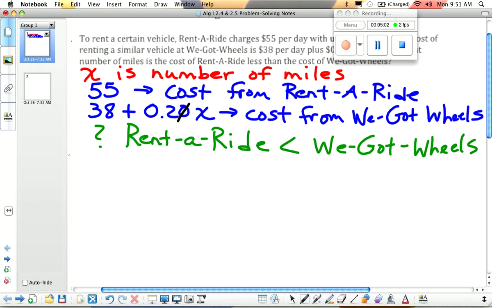Well, now all we have to do is put our mathematical expressions in place of the words. So Rent a Ride is 55. We Got Wheels is 38 plus 0.2x. And now we can solve it. So go ahead and solve that. See what you end up with for x.